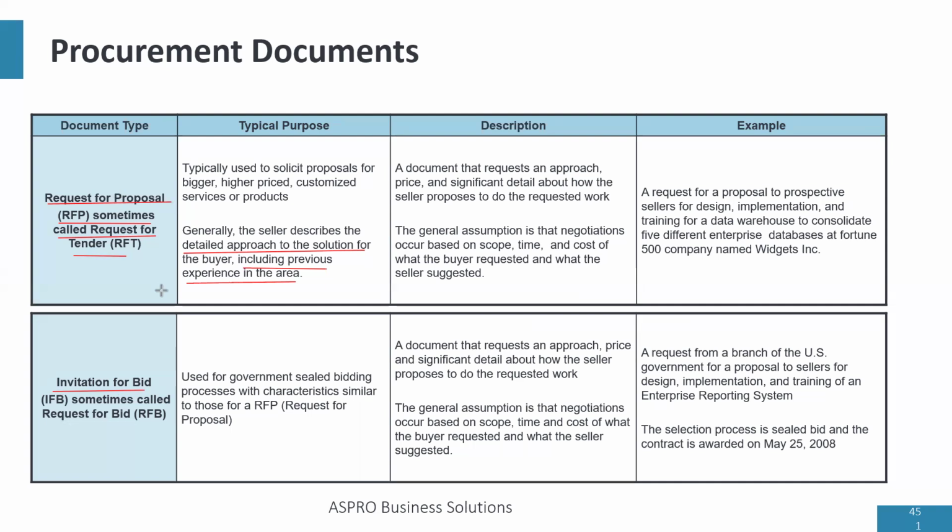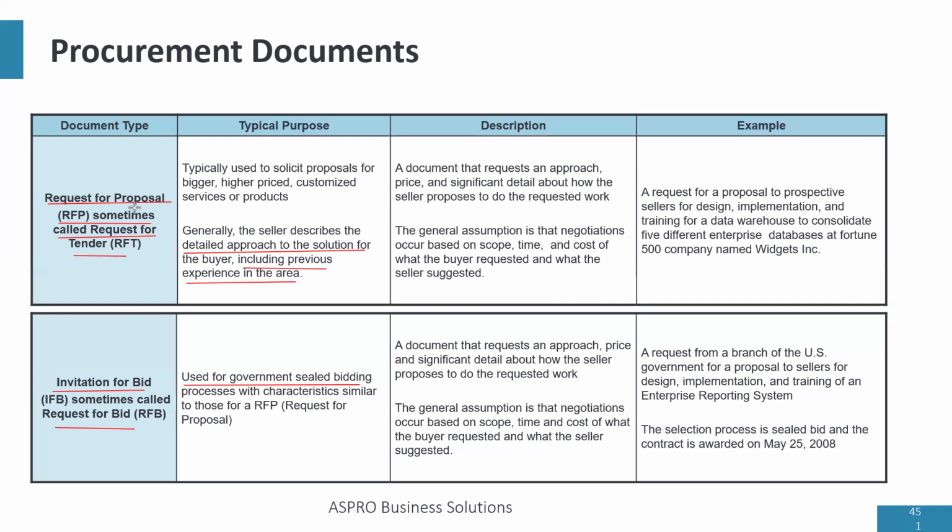The only difference is that invitation for bid is used by government agencies. Private companies use request for proposal or request for tender, while government agencies use invitation for bid or request for bid. So in a newspaper, the moment you see the title invitation for bid, just know it's a government agency. In newspapers, the moment you see request for proposal or request for tender, just know it's a private company that is requesting for the proposals, right?